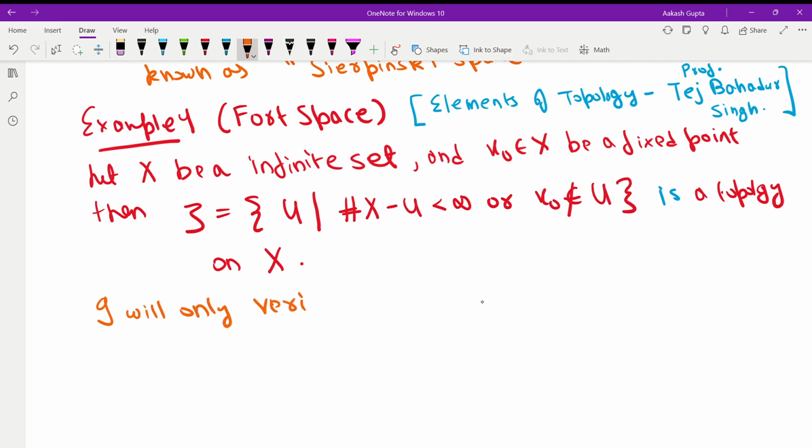I will only verify the third one. Please verify the other properties.